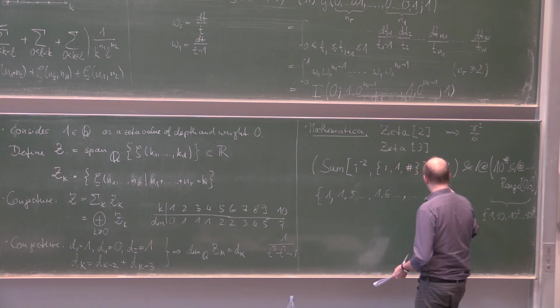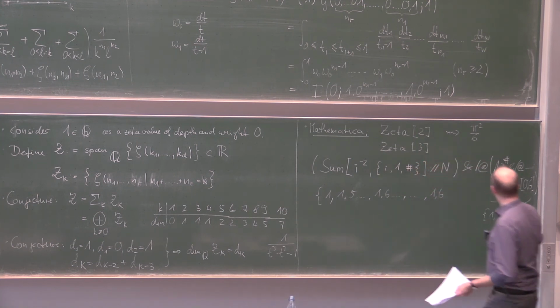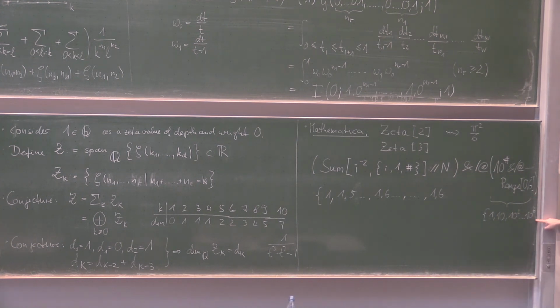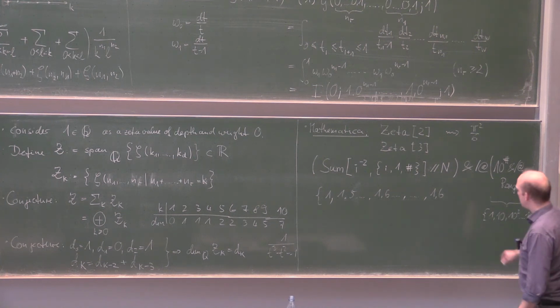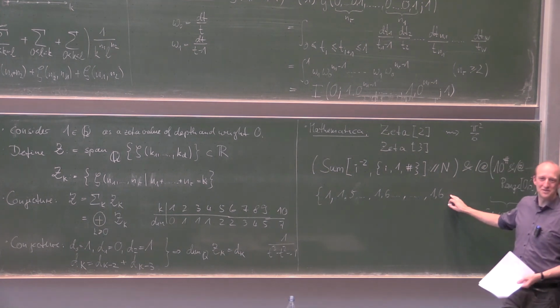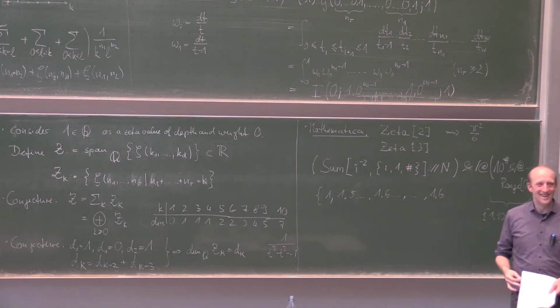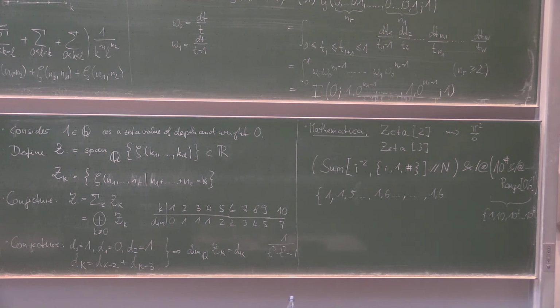The statement is that you need to consider 10 to the 4 terms at least in order to get the 4th digit of the actual value, which is 1.644 something, 645, correct. So this is very bad convergence. And secondly, this is ridiculously slow.